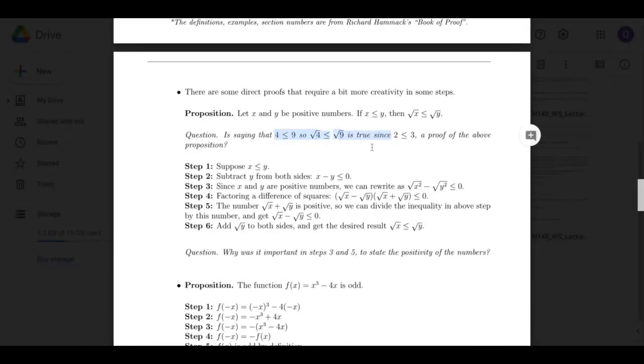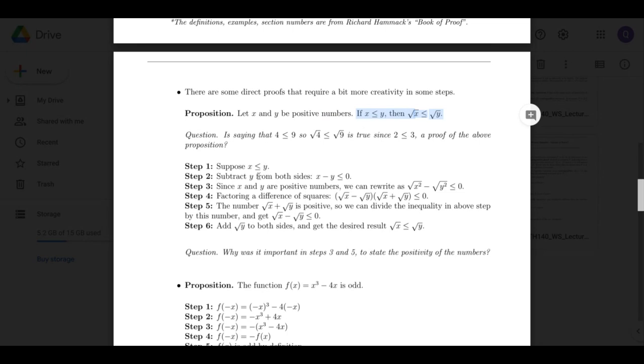We want to prove it for any positive numbers. When we talk about numbers here, we're talking about positive real numbers. Remember, this is the if P then Q form. If P then Q, we always assume P. So we assume x is less than or equal to y.